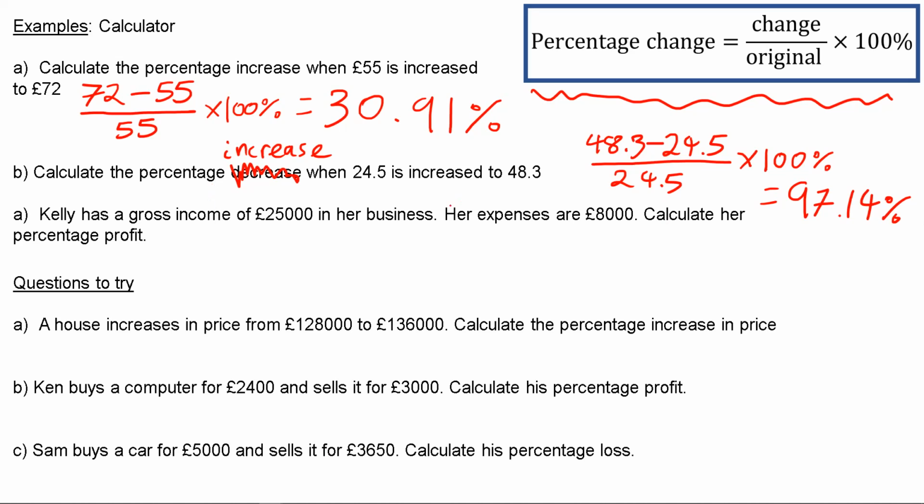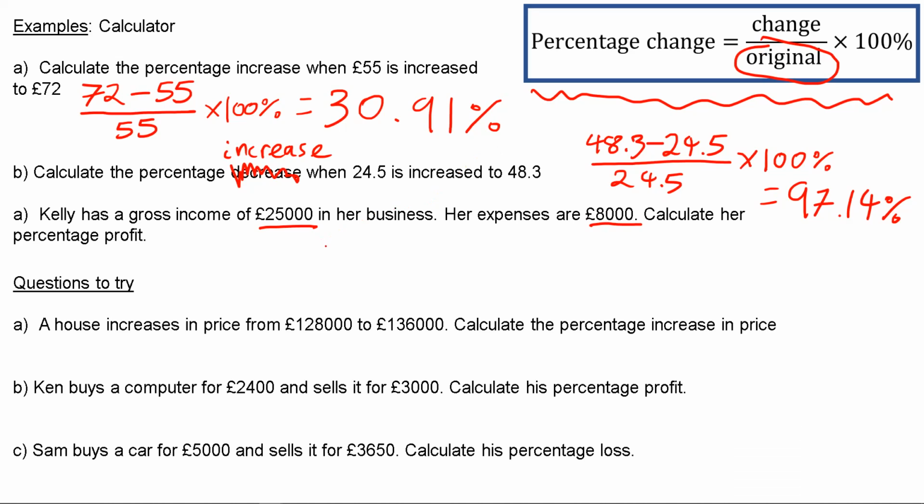Finally, Kelly has a gross income of £25,000 in her business. This is basically what she takes in before any losses. Her expenses are £8,000. Calculate her percentage profit. Now you might be unsure of what the original means in this question. Whenever we have percentage profit, the original is always considered to be the loss or the expenses.